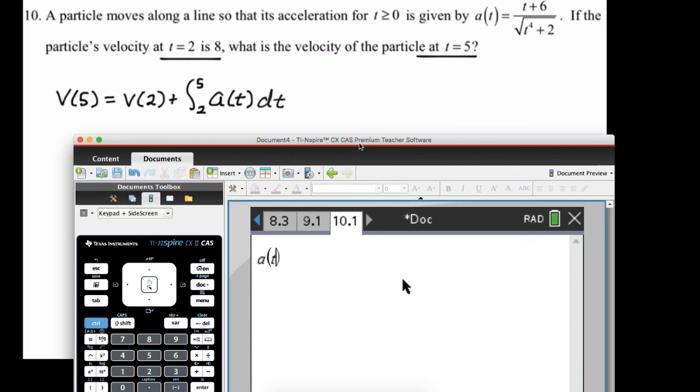So a of t colon equals fraction template, t over 6, square root t to the 4th. I feel like I always rush through the last problem, just get it done like this.